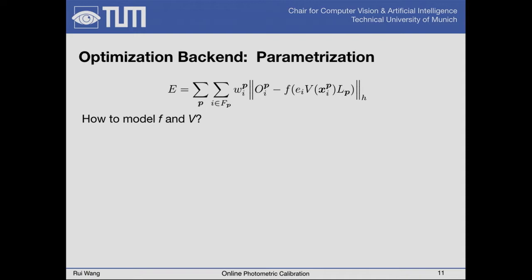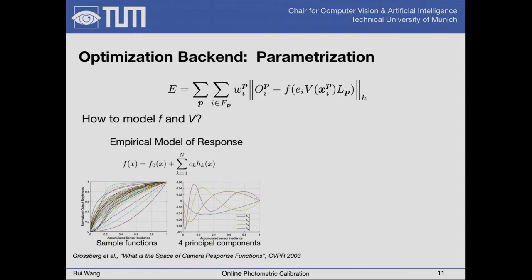For the optimization back end, one thing worth mentioning is the parametrization of the response and the vignetting. For the response function, we use the empirical model of response. The idea is you gather the response functions of many real cameras, then you perform PCA.